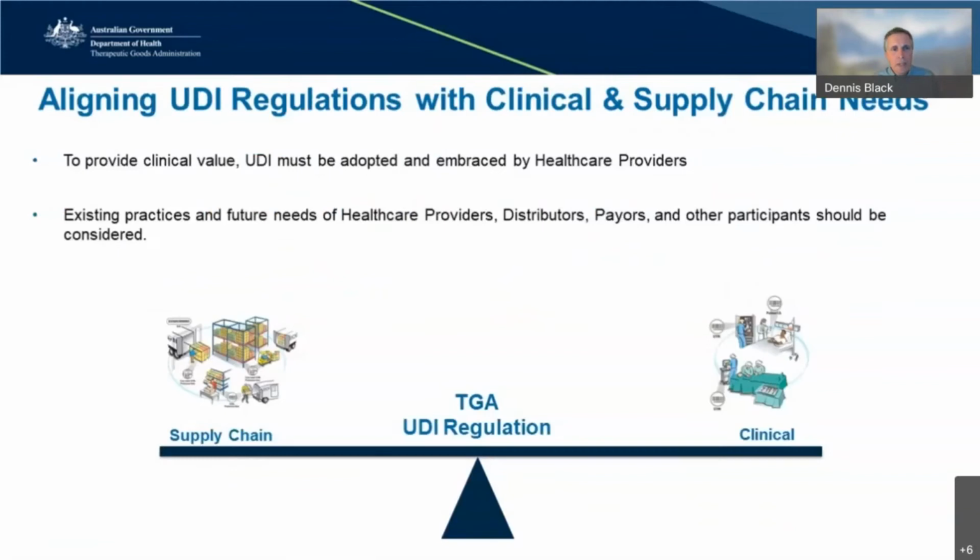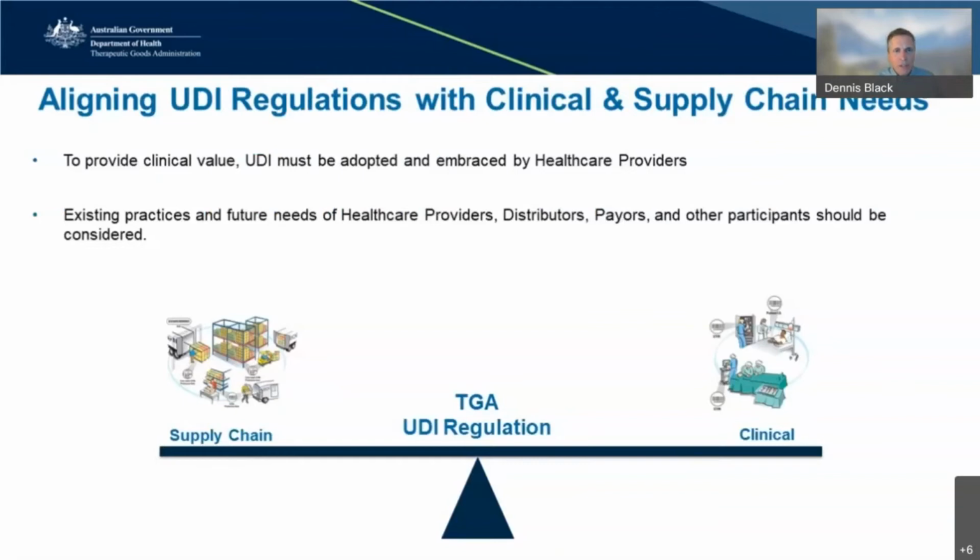In addition to aligning regulations with other geographies and other existing regulations, we also think it's important to have alignment between what supply chain is going to use UDI for and also what clinicians want to use UDI for. And I think this is going to have to be balanced through the regulation.